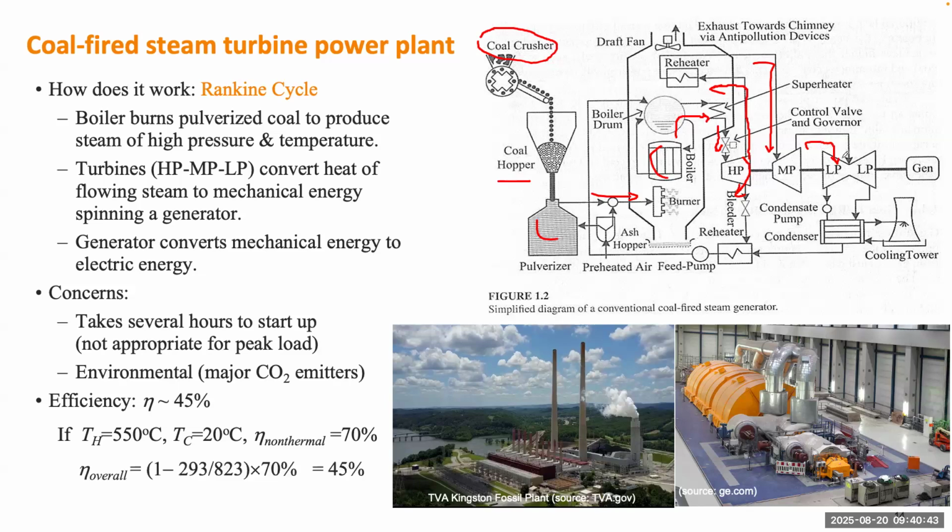Then we can utilize that formula. But please note, this is low temperature divided by high temperature, so both temperatures are in absolute temperature. They have to have the unit of Kelvin. If you use degrees C, you have to add 273. So 20 becomes 293, and 550 becomes 823. Then multiply by the non-thermal efficiency, which gives you the 45% efficiency.